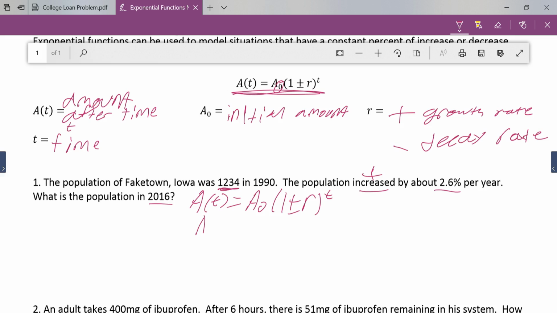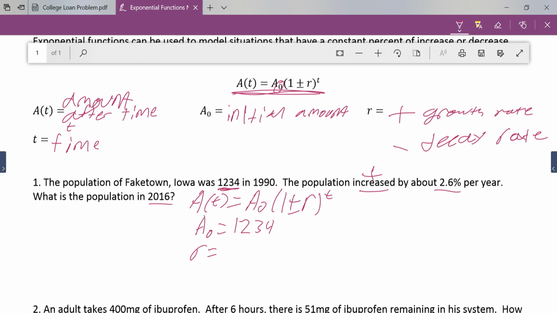We know that our A naught is just our initial amount. So it says that the population was 1,234. So we start with 1,234. And then we know that our rate is going to be 2.6%. We always want to write our rate as a decimal though.